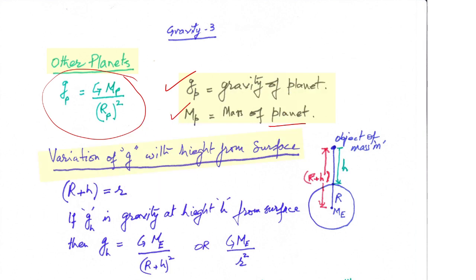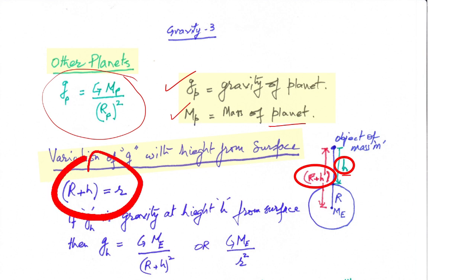So variation of g with height from surface of the Earth can be explained in such a manner that I have taken the Earth and then I have moved the object of mass m from the surface of the Earth to a height small h, so that the distance between the center of the Earth and the mass has now become r plus h. So r plus h can also be written as small r.